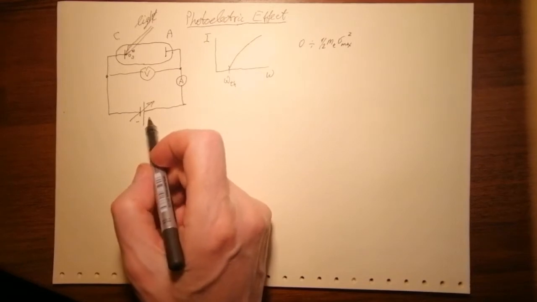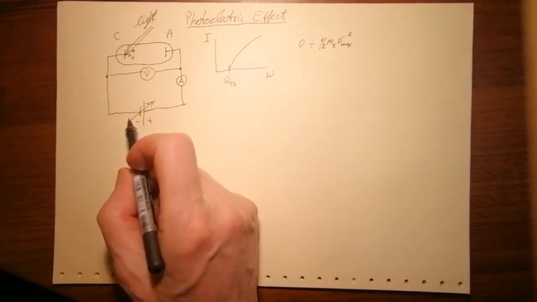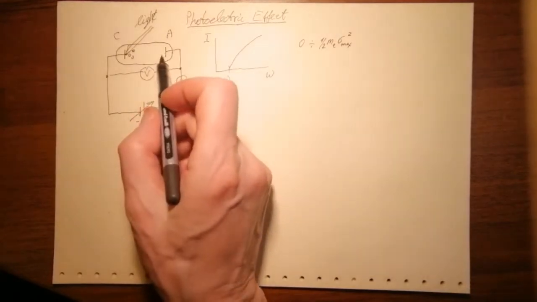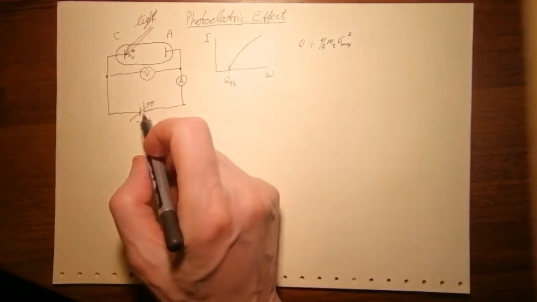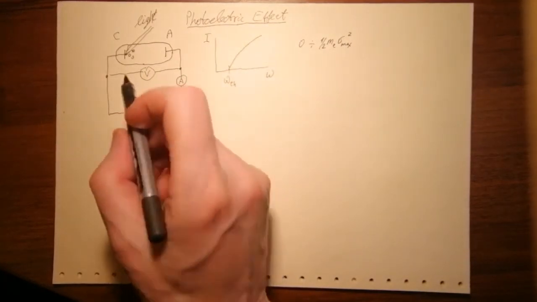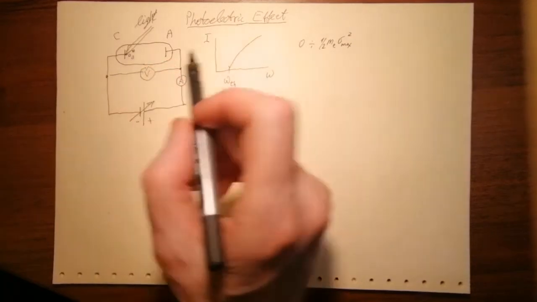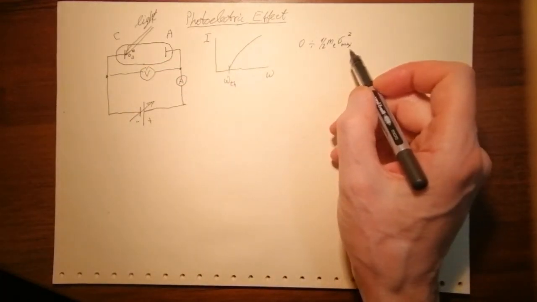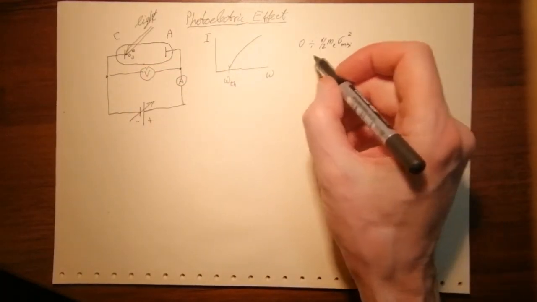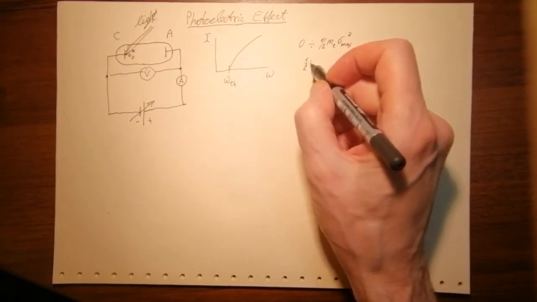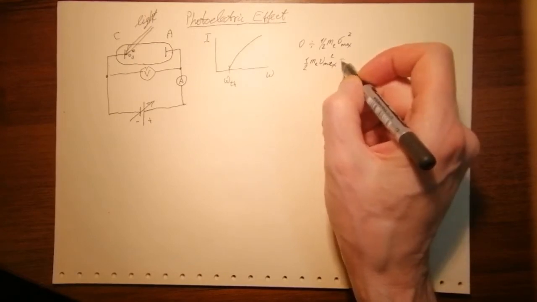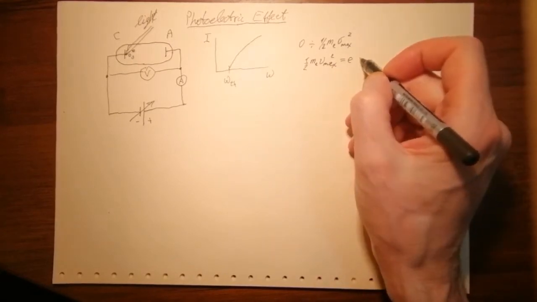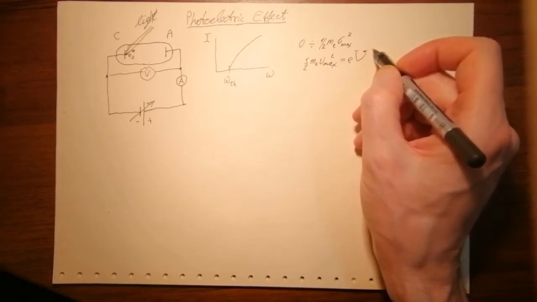So if we apply minus from this side and plus from that side, we will create a retarding field which will stop electrons, provided that this potential multiplied by the charge of the electron is equal to this maximum energy. So we can equate this maximum energy to the potential energy of the electron in this field.